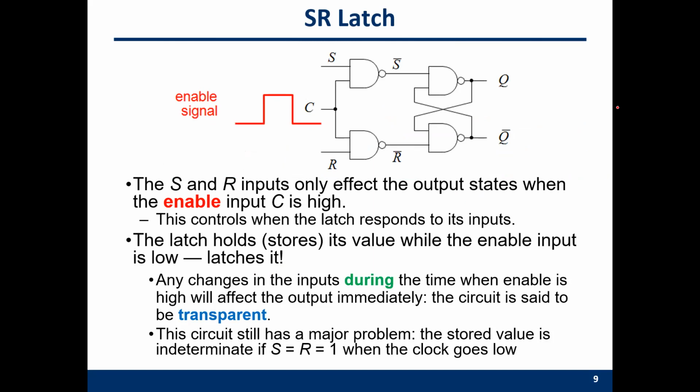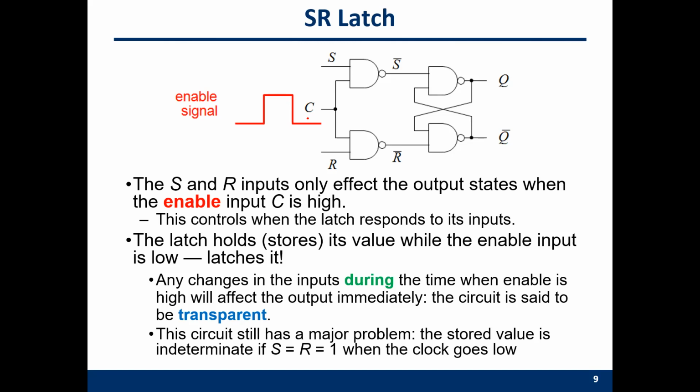You can also add another two NAND gates here. In this way, you can have a control signal. Only when C is high can your S and R actually be sent into this SR latch.